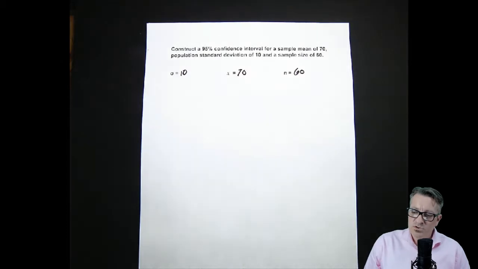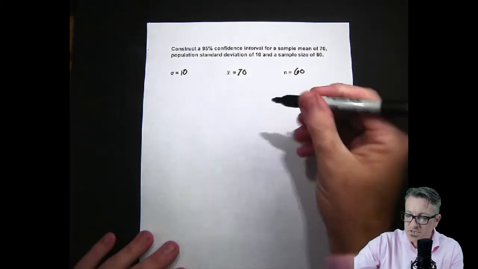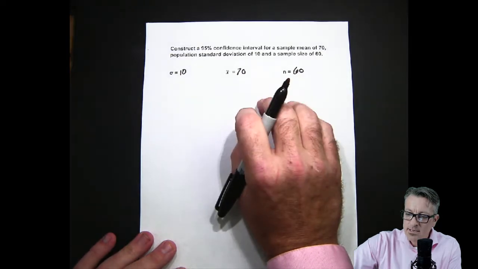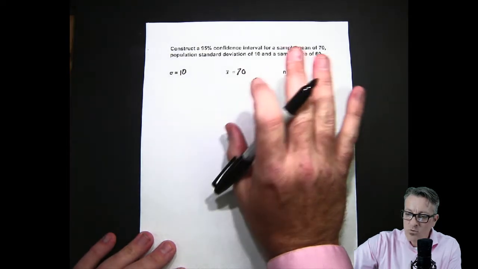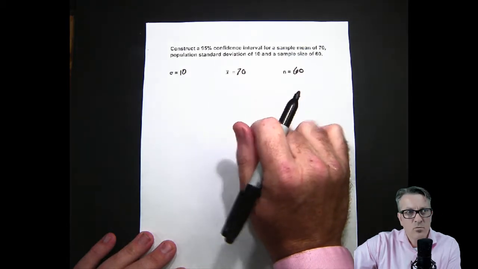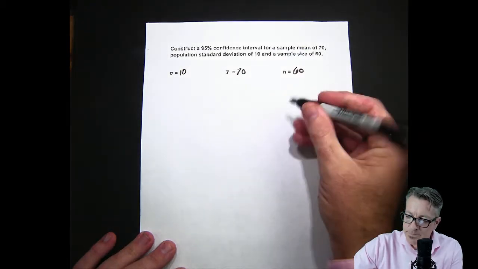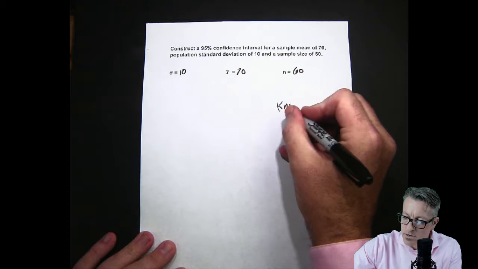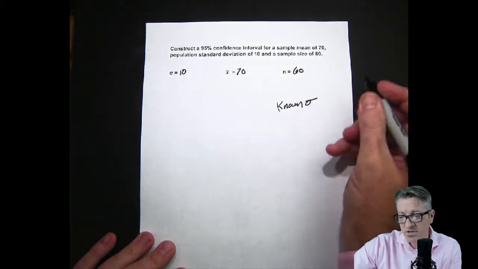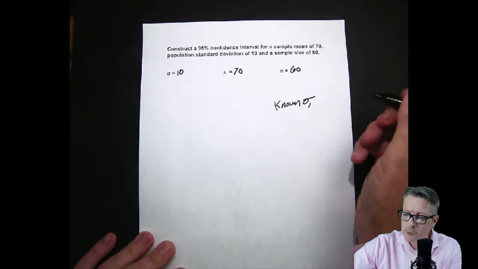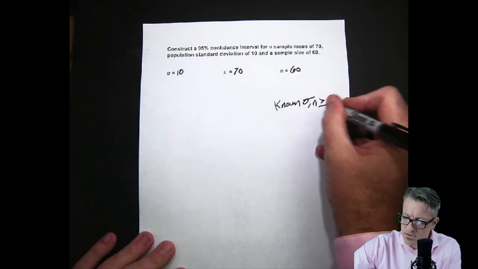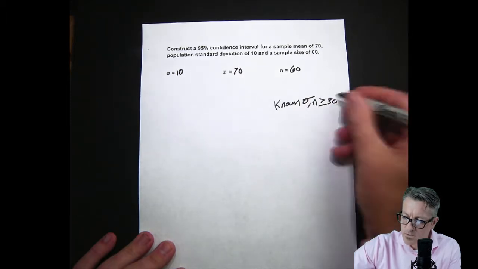Okay, so let's write out what we know first. We write out what we know about the information provided so that we can figure out what type of distribution we're going to use. So we have a known population standard deviation, sigma, and our n is greater than or equal to 30.